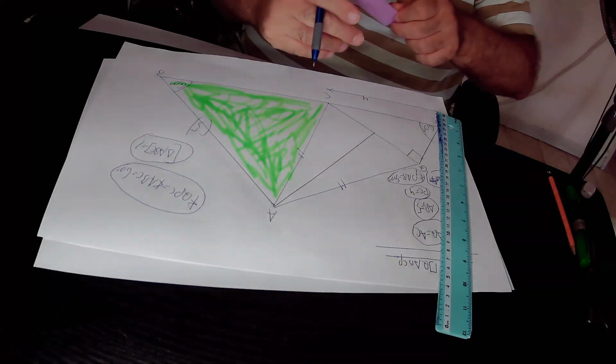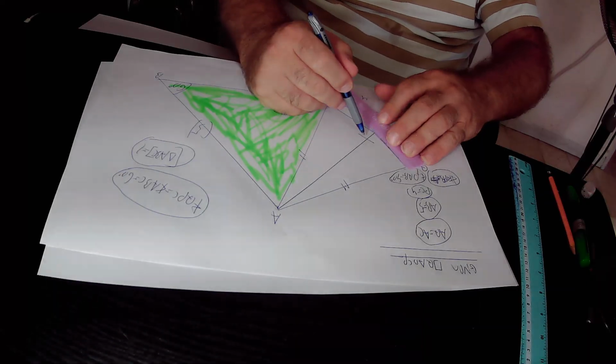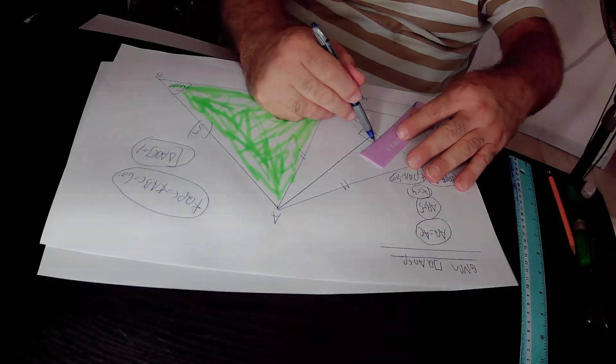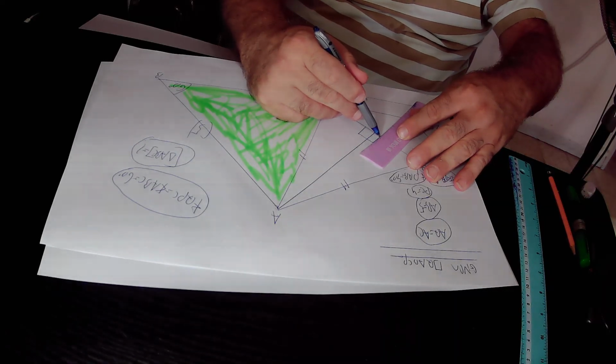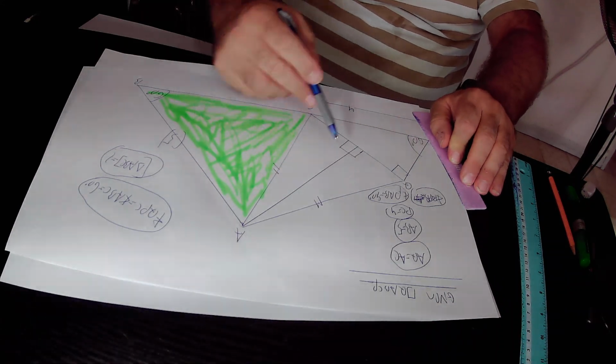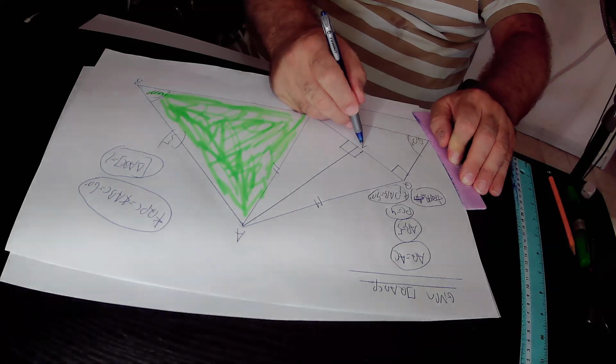This angle equals 90 degrees in its size, and this angle also equals 90 degrees in its size according to our construction. We define the touching point of the perpendicular from point A on QC, this point, as point M.